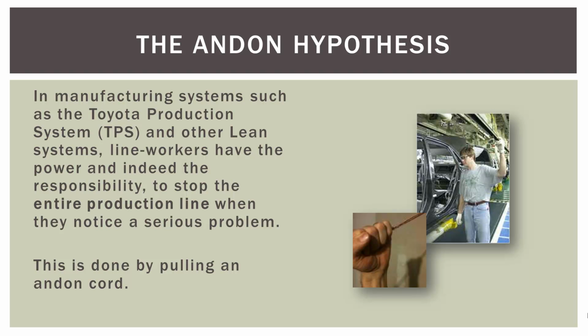And this is done by pulling what's called an andon cord. So you can see in these pictures all along the production line there's a cord, like you might see on a bus or even a train. And if they notice something is seriously wrong, the worker is actually required in this environment to pull it. That will stop the entire production line dead in its tracks until that situation is resolved.